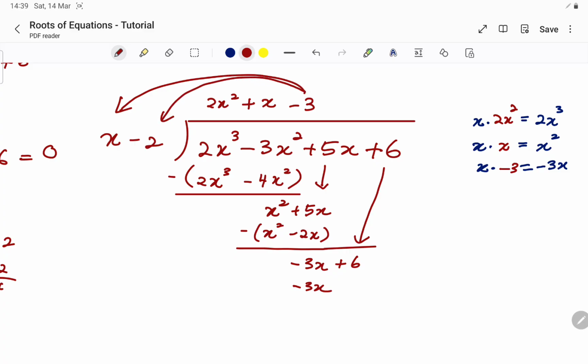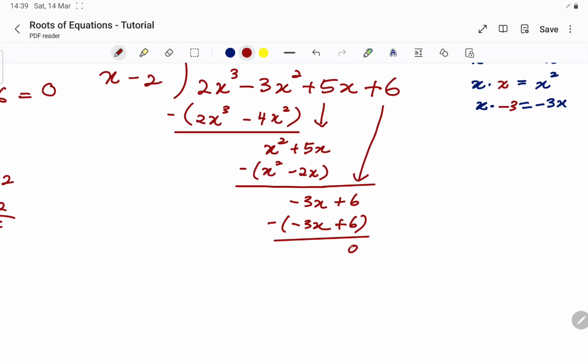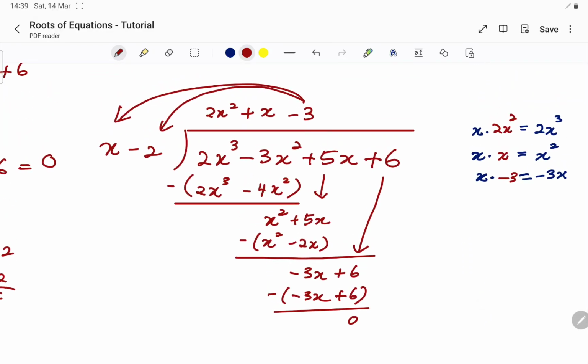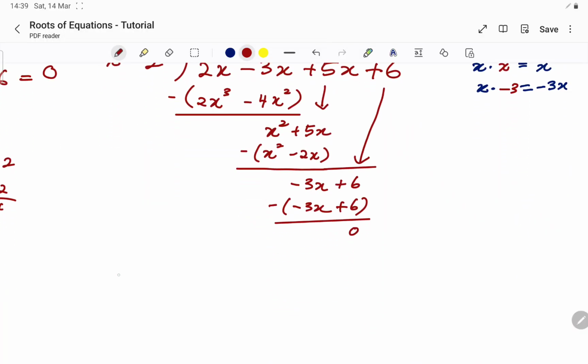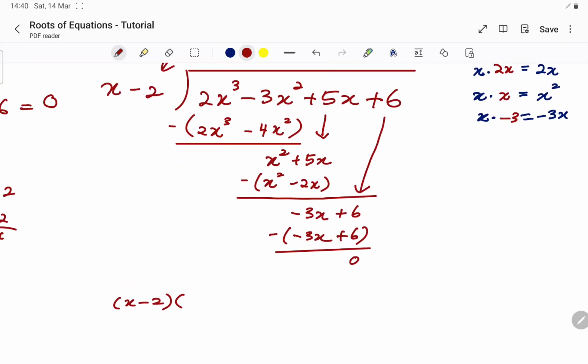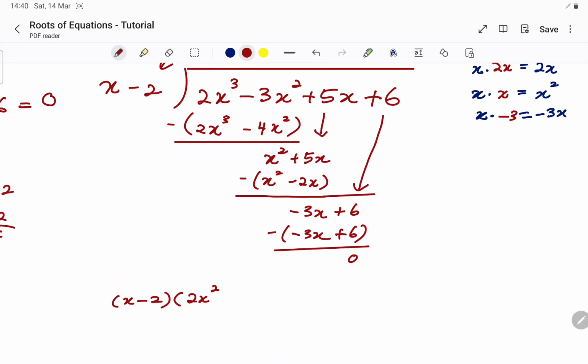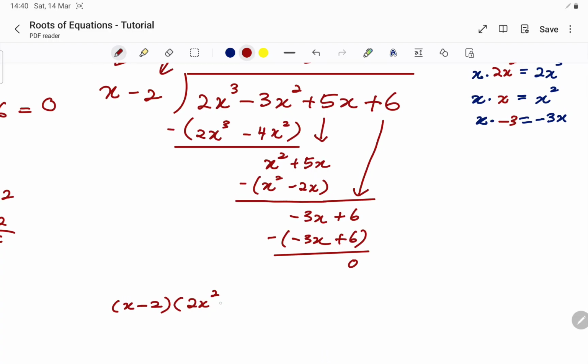Negative 3 multiplied by negative 2 gives positive 6. So here, put bracket, minus. It's the same thing, so the remainder is equal to 0. By right, this is your quotient. So you have the factor x minus 2 and then 2x squared plus x minus 3 equal to 0.